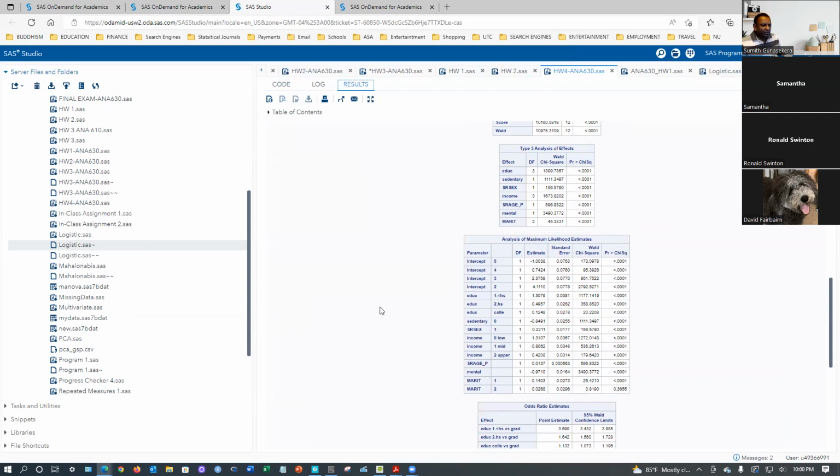Can you remember last time I showed you when you have 3 options, two logistic equations? I showed that one earlier.